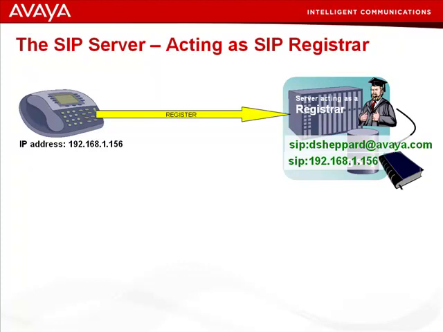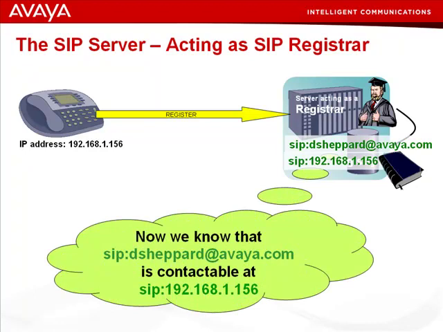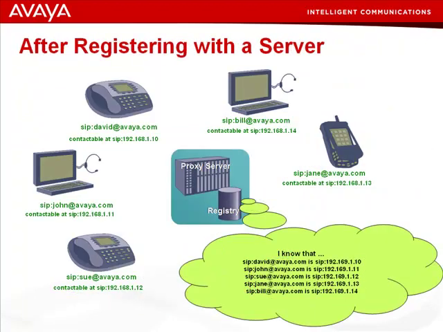From that point on, it's as if the server says, great, should anybody ask me from now on, I know that dshepherd@avaya.com is currently contactable at SIP 192.168.1.156 or whatever the contact address is. Now the idea is that everyone will register these details with some registry somewhere, so that should anybody ask for their whereabouts, their actual location can be resolved.